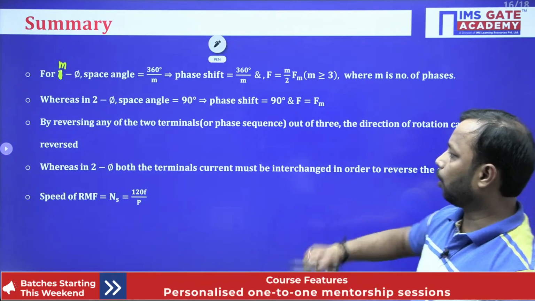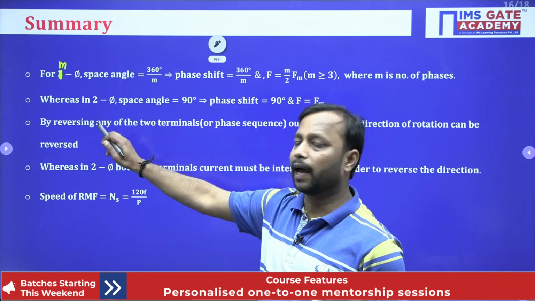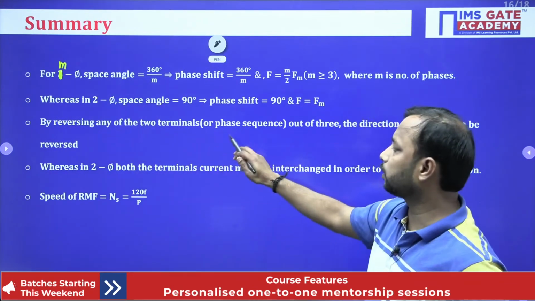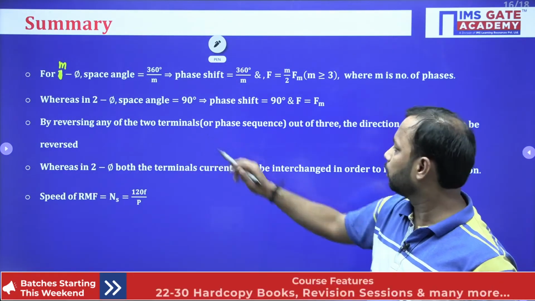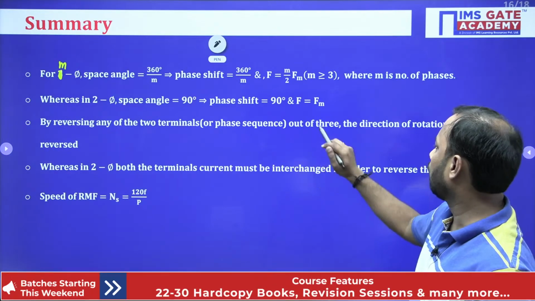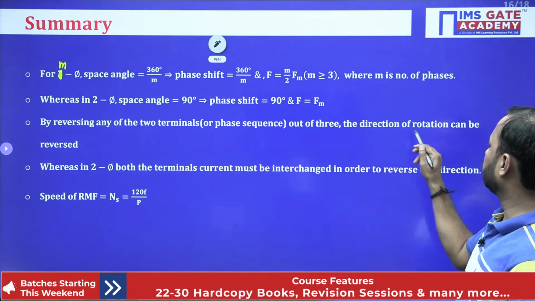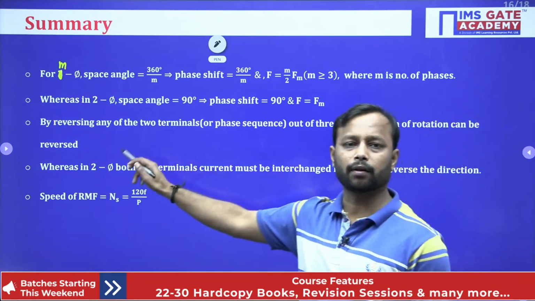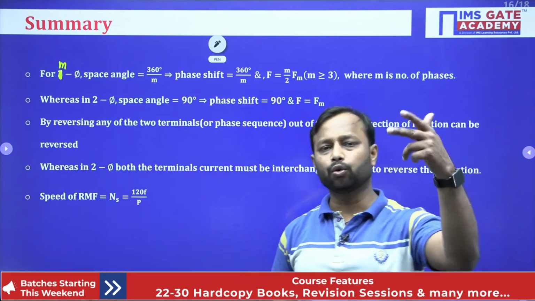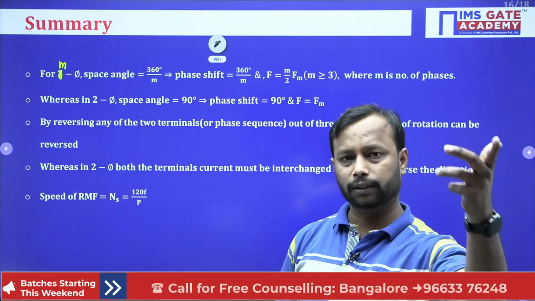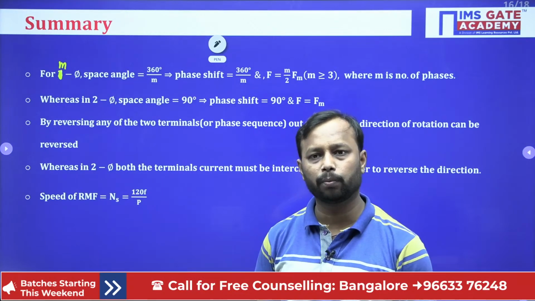Now, to reverse the direction of the magnetic field, we have to reverse two terminals or phase sequence out of the three. The direction of rotation can be reversed. So if you reverse the currents of two phases out of the three, the direction of rotation will be reversed.